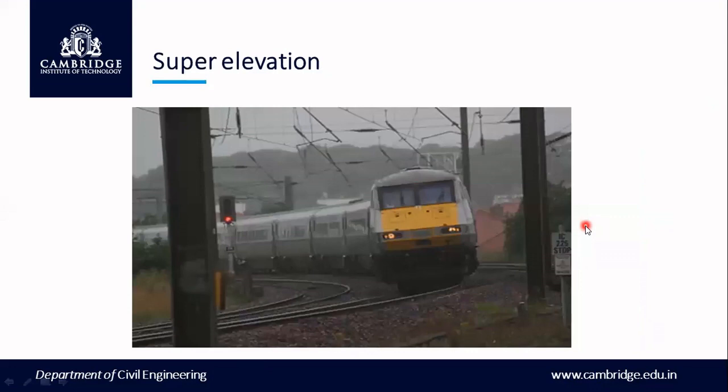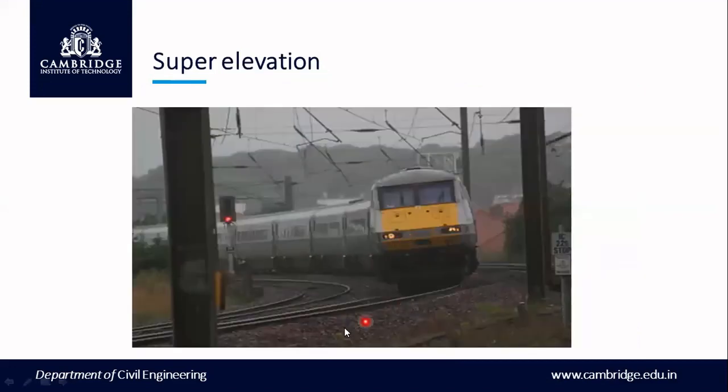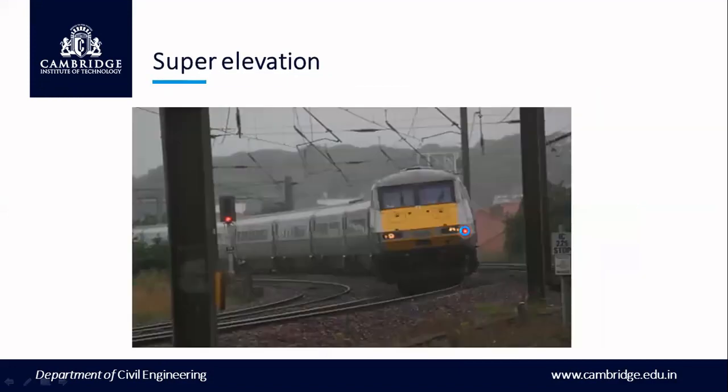And in the next picture, if you come to the rails, even this rail is tilted to some extent. We don't see it as horizontal. But in both the cases, what is similar is that both the vehicles are taking a curve. So when there is a curve, you can see such a tilted condition, correct?